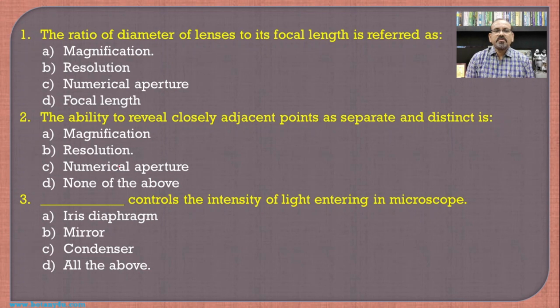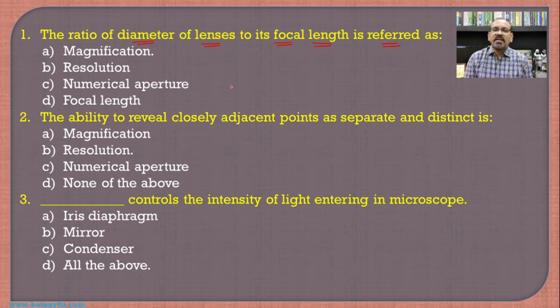So the first question: the ratio of diameter of lenses to its focal length is referred to as? If we see the focal length, it is nothing but the ability of the system to converge or diverge the light. If it is responsible for the convergence of the light, then it is known as positive focal length, and if it is responsible for the divergence of the light in the system, then it is known as negative focal length.